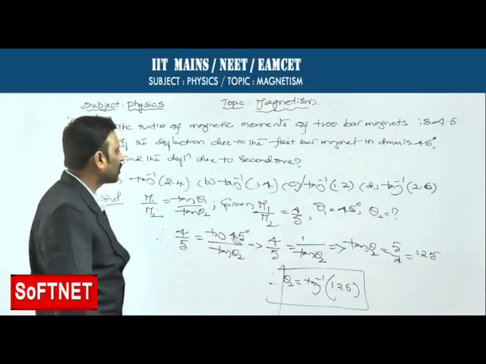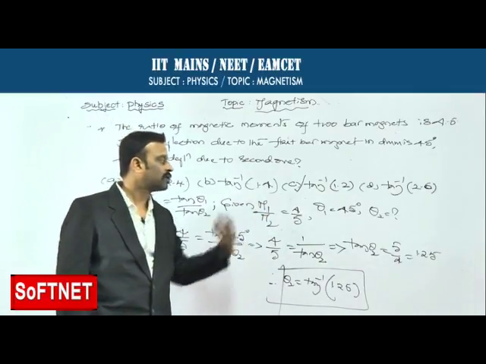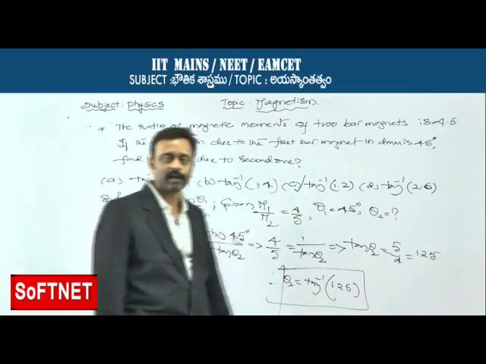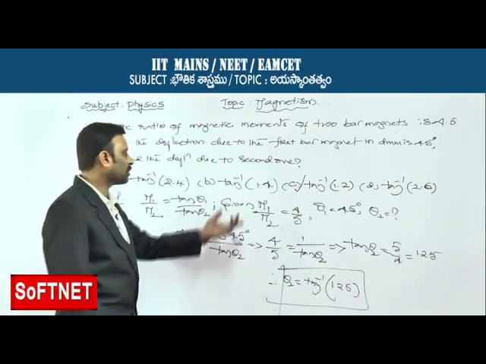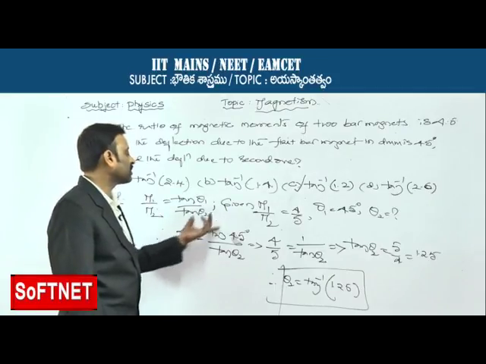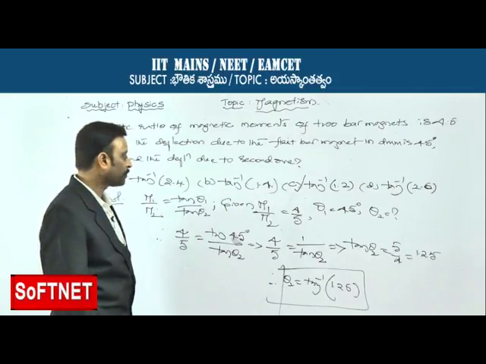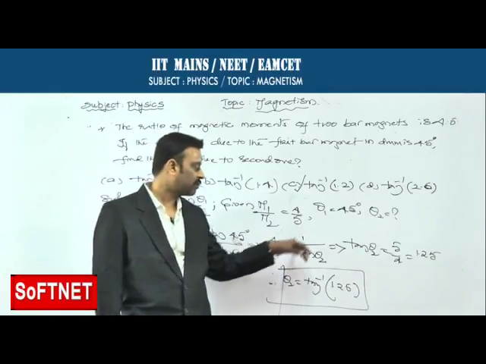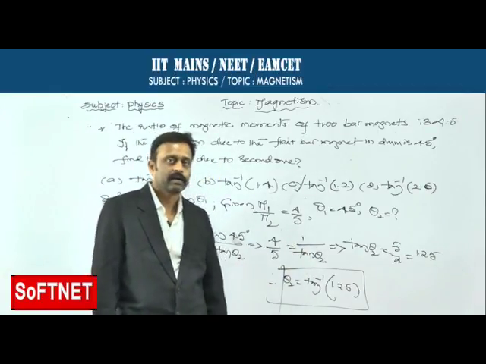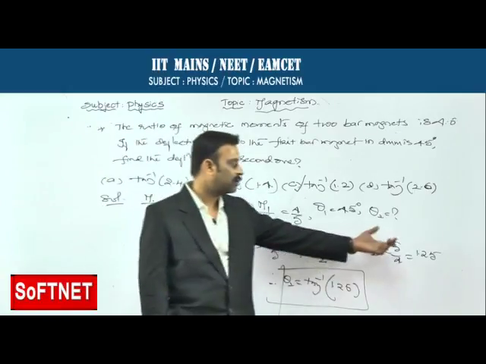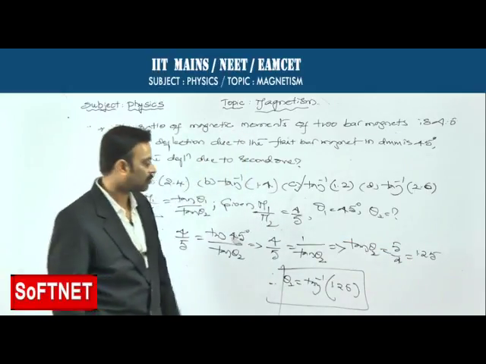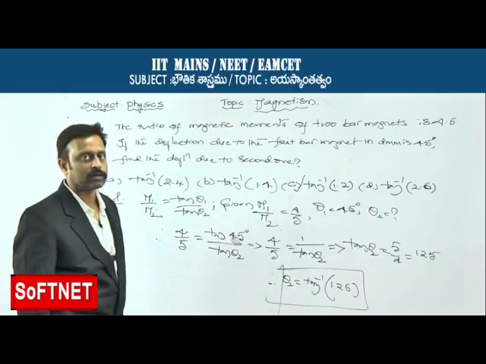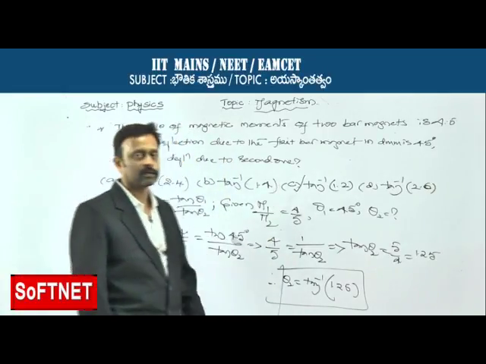By substituting the values, 4 by 5 is equal to tan 45 by tan theta 2. As the value of tan 45 is 1, 4 by 5 is equal to 1 by tan theta 2, so tan theta 2 is equal to 1.25. By applying a tan inverse on both sides, we get theta 2 as tan inverse 1.25. So, this third option is the correct one.